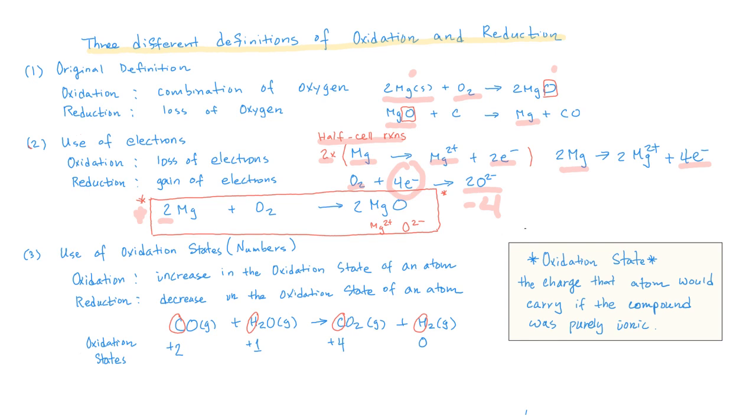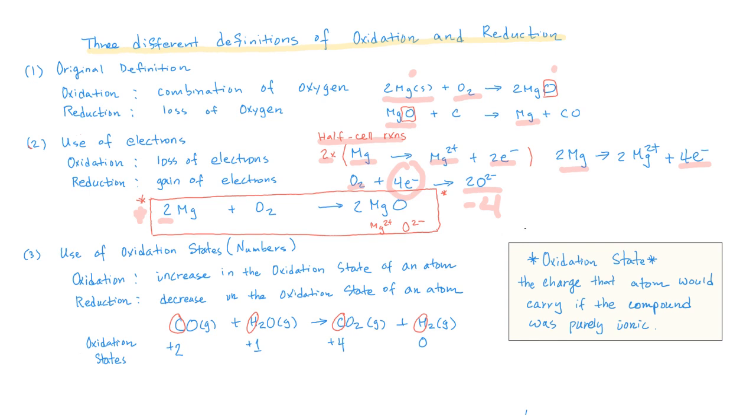So now how do we define oxidation? When the oxidation state of an atom shows an increase during the chemical reaction, we say that the atom in a chemical substance underwent an oxidation.